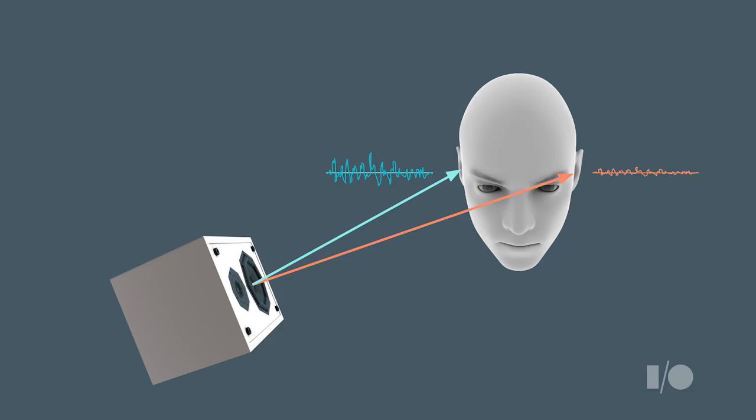So just using the time difference alone doesn't help. We need more. And in fact, the human brain also uses the level differences. The human head creates an acoustic shadow which damps high frequencies. And at approximately 1.5 kilohertz and above, we use these level differences to localize sound objects as well.